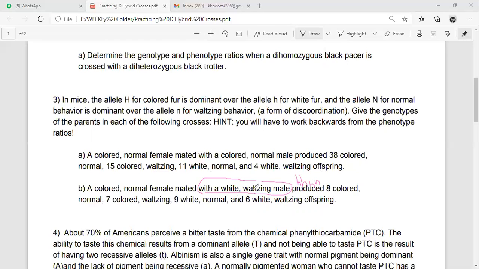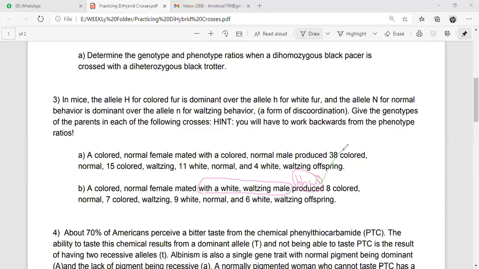Whenever in any cross one parent is homozygous recessive, it is known as a test cross. This is actually the point, you have to remember this thing.